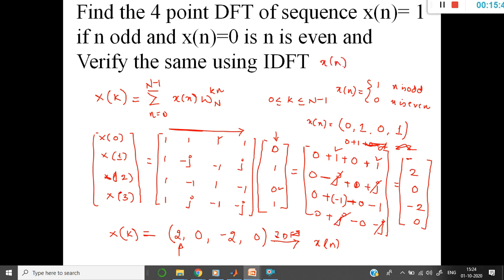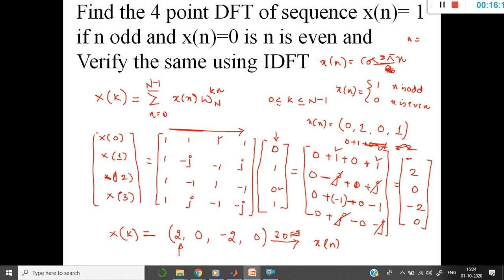Sometimes you may be given something like cos of 2 pi n by something, or 2 pi n, so you may get input sequences like this. They probably define that whenever n is even, it is cos of 2 pi n, and for n odd, cos of pi by 2.